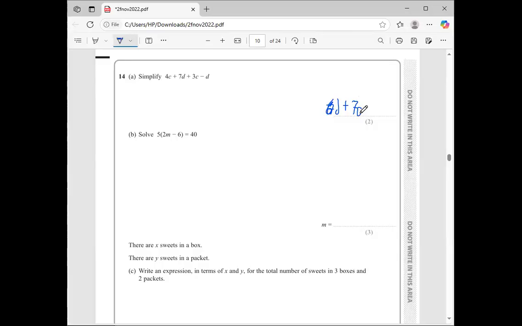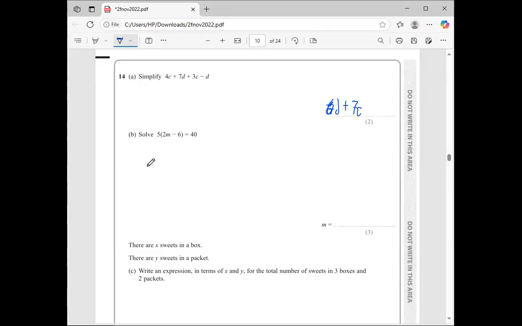Now look at that second one. 5 into bracket 2m minus 6. Did you notice that that is the same thing that happened in arithmetic sequence where you have that d outside? D is multiplying all the things inside. Did you get that? Yes. So can we go ahead and do this?